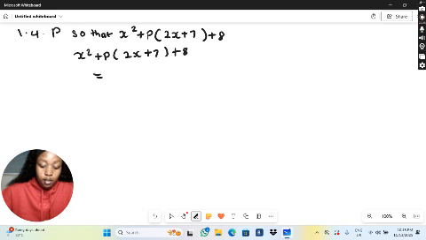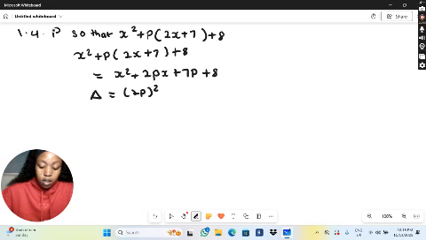We have x squared plus 2p, so we are going to have 2p squared minus 4 into 1 plus 8, this is plus, guys, which will then be 0 equals 4p squared minus 28p minus 32.